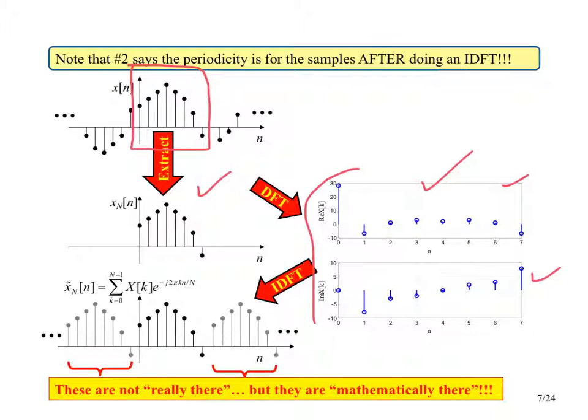Now we take the inverse DFT of that, and what we get back is exactly what we started with, but there are these vestiges, or little ghosts, sitting out there. They're not really there because we've only computed what's inside this box, but they are mathematically there. They are waiting to pop into view if you were to do something to uncover them. We'll see what that means in just a little bit.